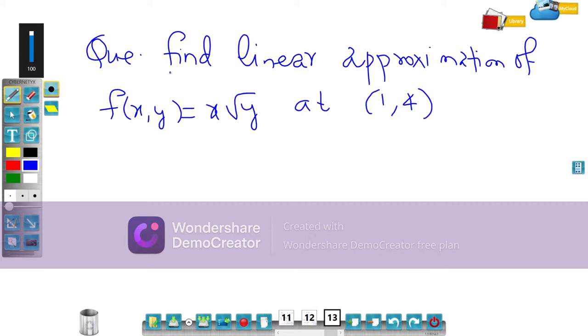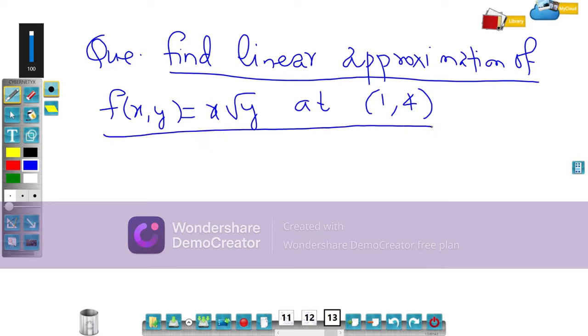The same question can be asked in other ways also. Find a Taylor series expansion of degree 1 for f(x, y) = x root y at (1, 4).